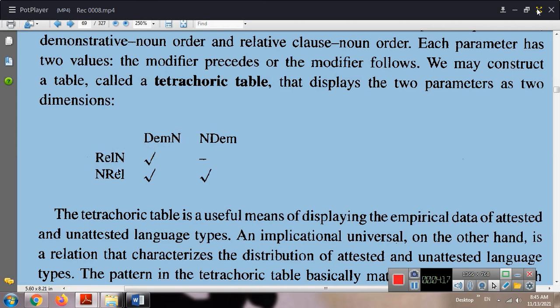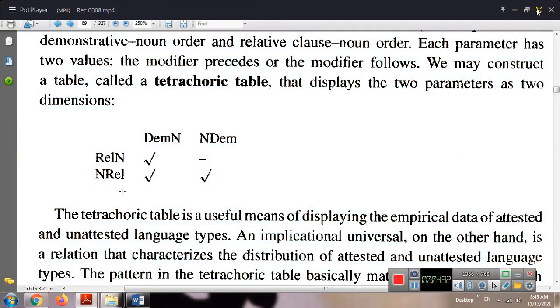Both of them come before the noun. But we don't have a language in which the relative clause precedes the noun but the demonstrative follows the noun. This language doesn't exist.